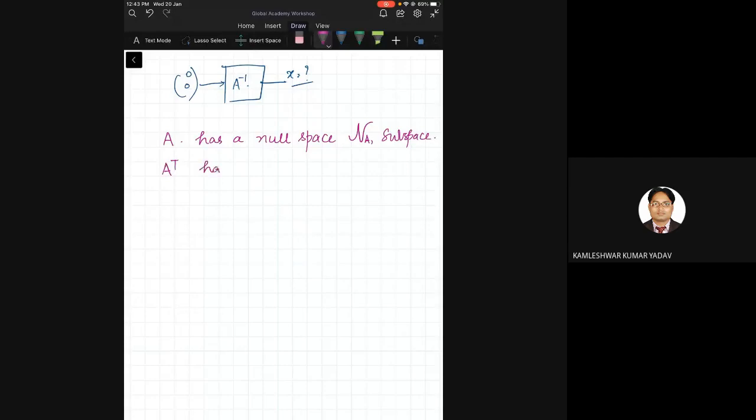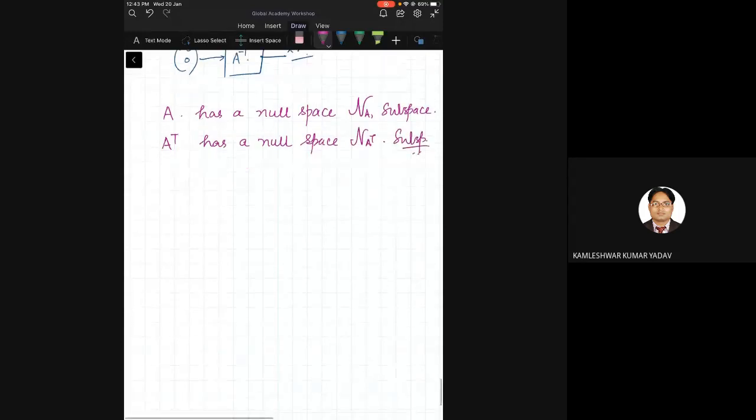A transpose also has a null space, which I call the null space of A transpose, which is a subspace. Is that okay? So what I'm going to tell is, there are two null spaces associated with A.